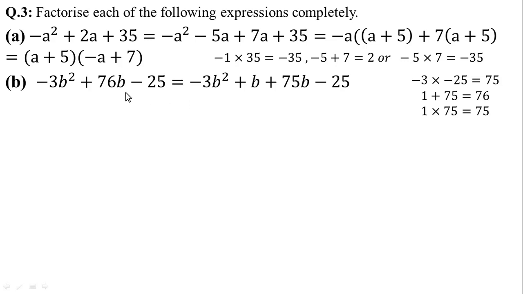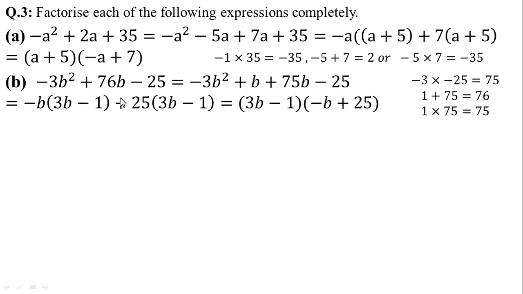Now breaking 76 into 2 parts: minus 3b square plus b plus 75b minus 25. Now taking minus b common in the first two parts, we have minus b into 3b minus 1, and the second two parts are divisible by 25, so 25 is common into 3b minus 1.